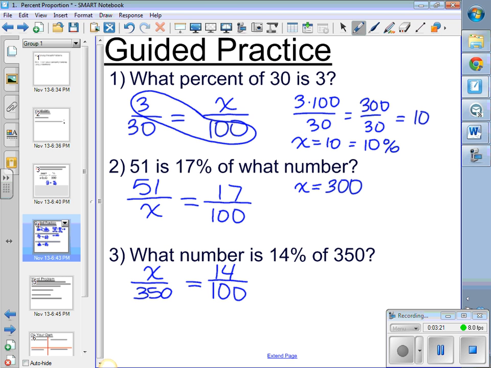So you're going to do 350 times 14 and divide that by 100, and you get 49. X equals 49. Because remember, you multiply the ones that are across from each other and divide by the one that's left out. Okay, moving on.